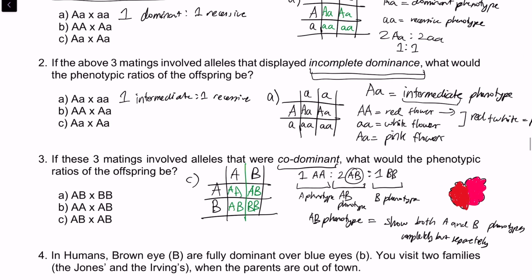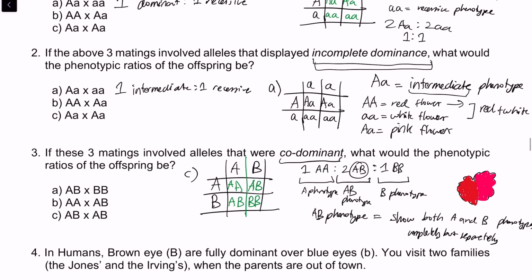All right. So to express the phenotypic ratios, that would just be one dominant, two intermediate, one recessive.